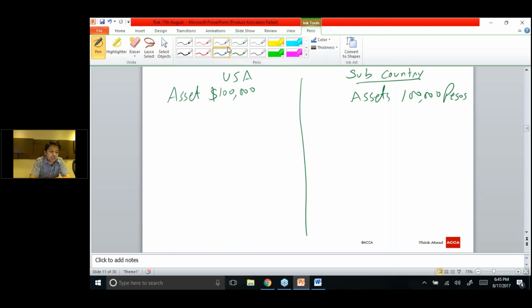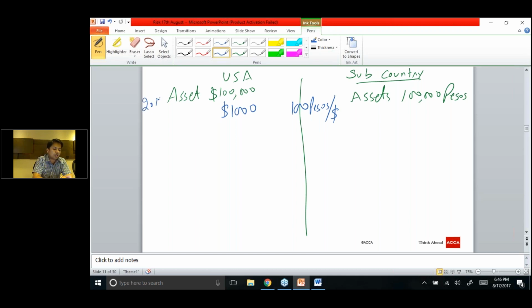And currently the exchange rate is 100 pesos over dollar. So this is the time of consolidation. So at the year end, you translate the assets of the subsidiary into your own currency. So 100,000 pesos converted at 100 pesos over dollar will be $1,000. Okay, this was in the current year.